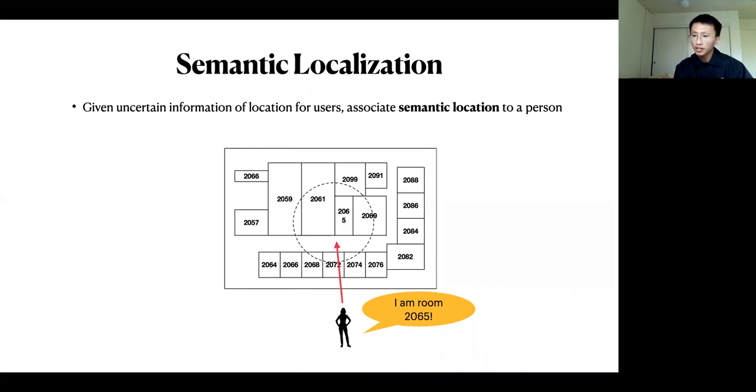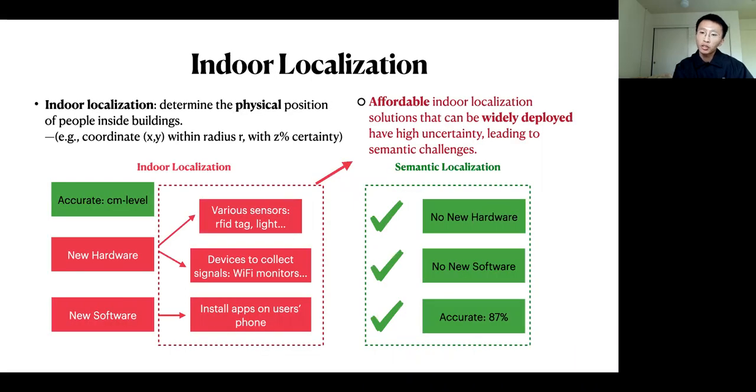Such a semantic location tag can be building, floor, region, or room. A closely related problem in the sensor network community is called indoor localization, which determines the physical position of people inside buildings. That is the specific coordinate of users. So if indoor localization can be solved, then semantic localization is trivial.